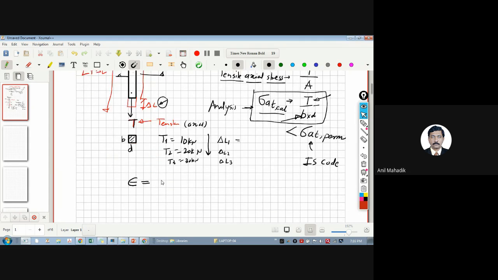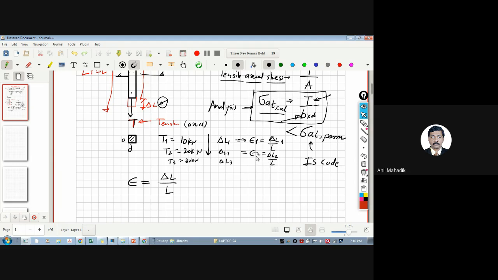So what is strain? Change in length divided by original length. So that is the strain in any member. In this case, the strain will be epsilon 1, that is nothing but delta L1 upon L. L is constant actually. Epsilon 2 will be delta L2 divided by L, right?